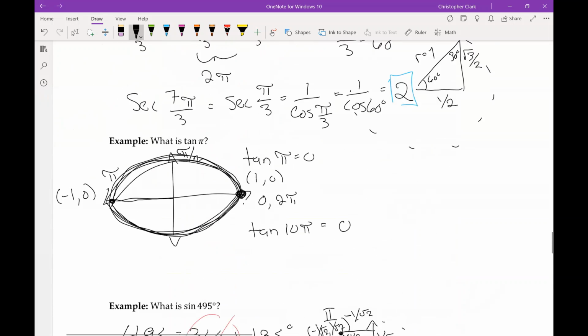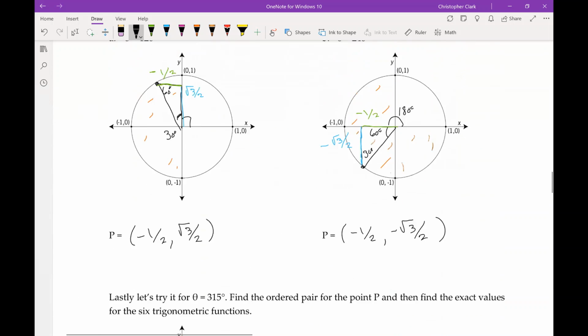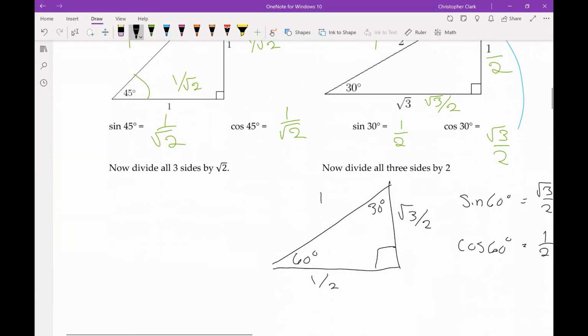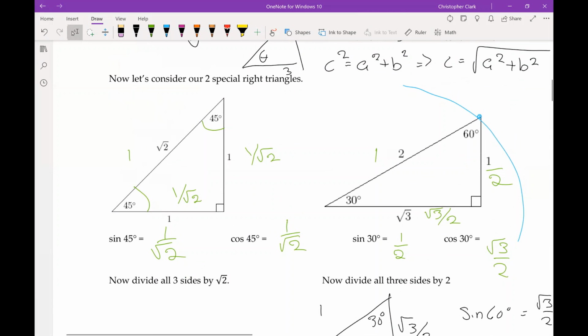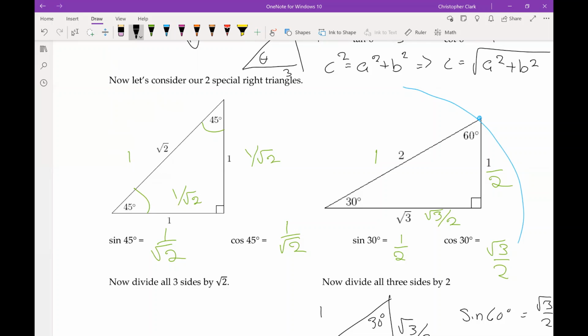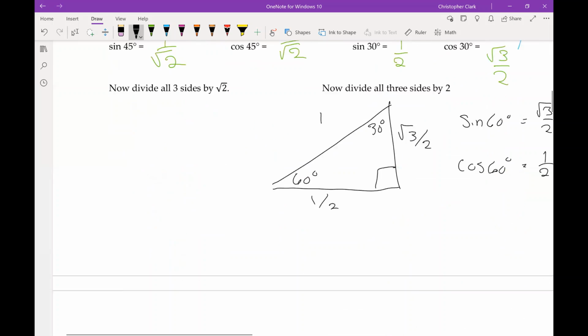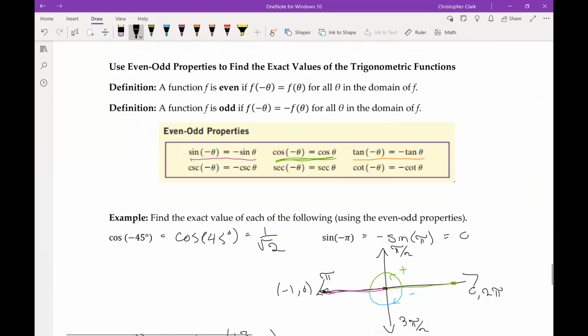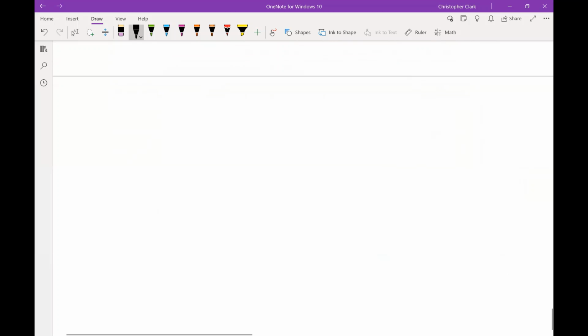Let's see if, did we do it up here? Well, we didn't, but that's okay because we have this 45 degrees, and so 45 degrees is pi over 4, and that is sine over cosine, which is just 1. So this means that tangent of pi over 4 is just 1.